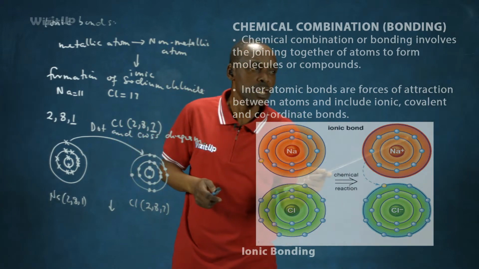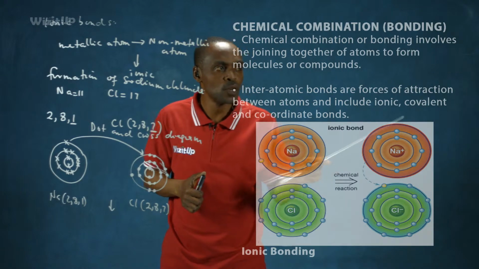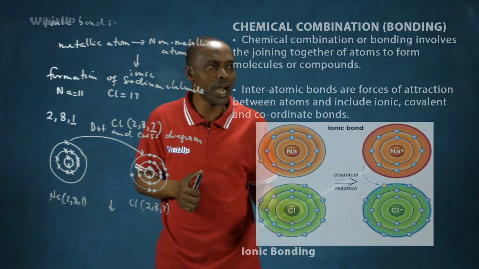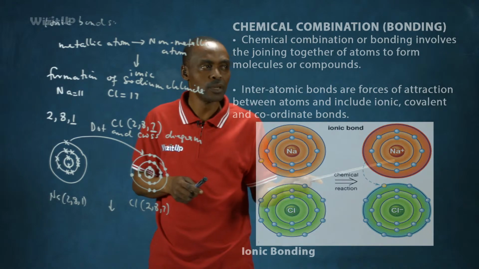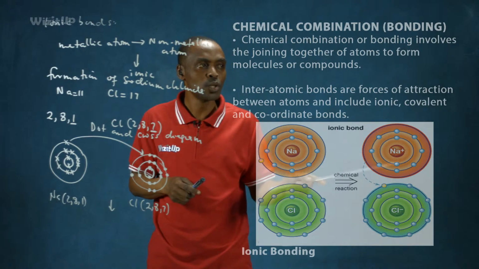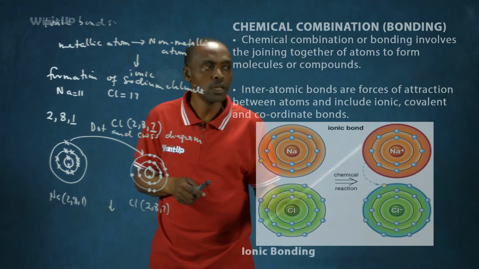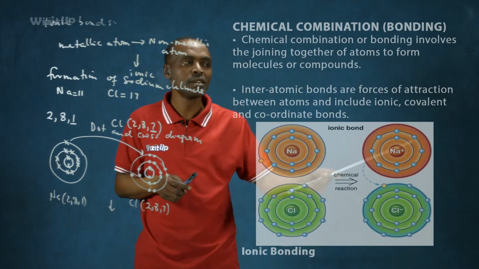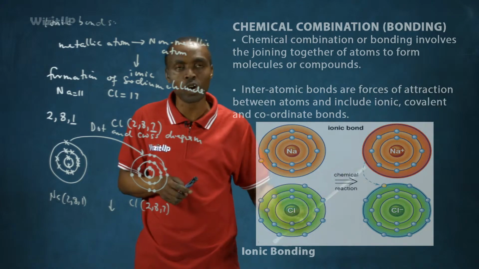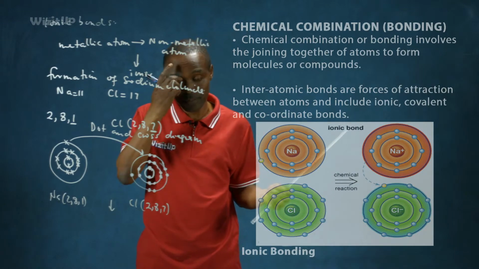This is the electronic structure of the sodium ion, and you will see that it has lost the outermost shell. The new electronic diagram is 2 electrons and 8 electrons, so it attains the octet structure of the noble gas, neon.